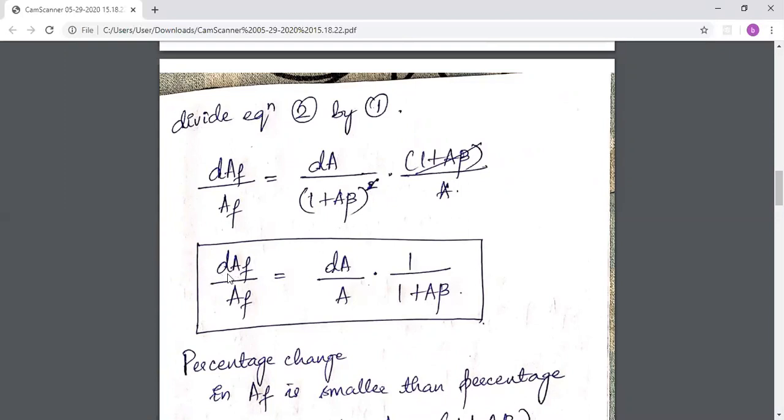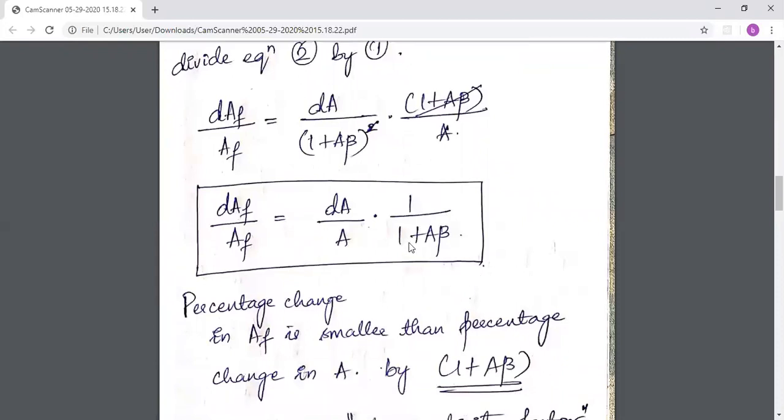So here we have dAF by AF, which is read as the percentage change in the gain of the amplifier with feedback, which is smaller than the percentage change in the gain of the amplifier without feedback by the factor 1 plus A beta. This factor is also known as the desensitizing factor.